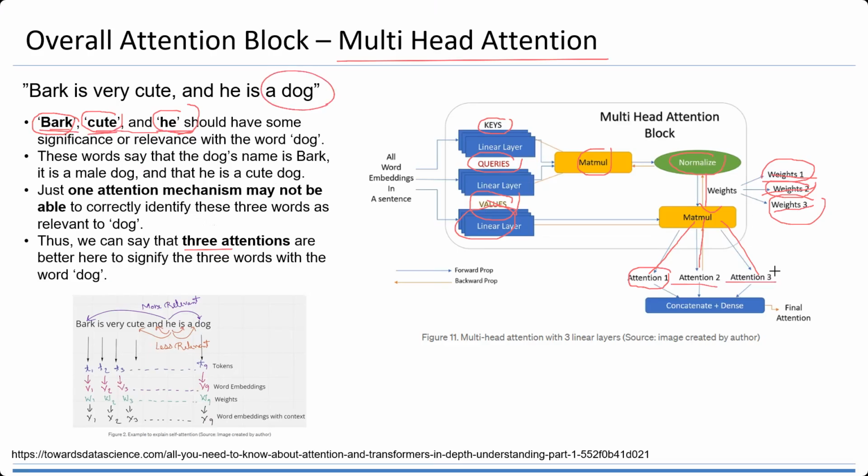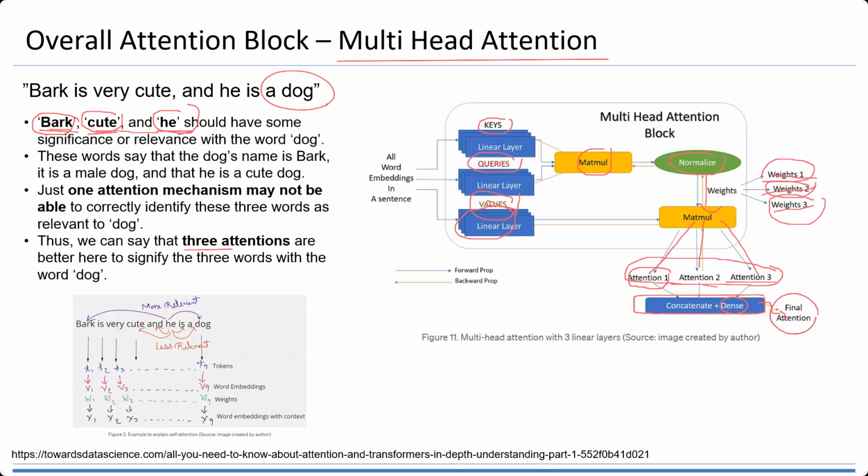And after we got these 3 attention, we can concatenate. We call it concatenate, or we call it combine. After we combine, sometimes we need to have a dense network in the neural network. At the end, we will get the value for the final attention.